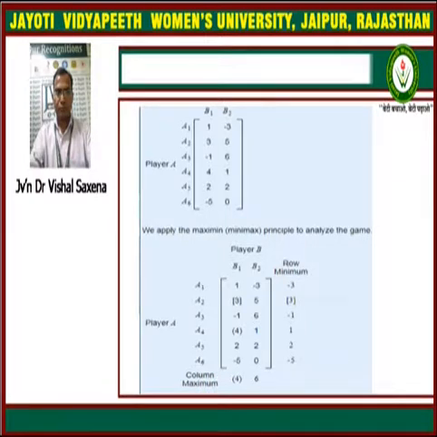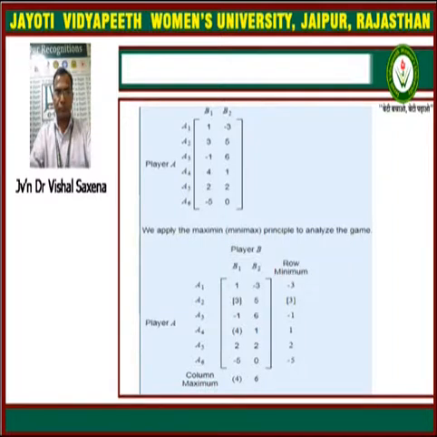The maximin value is the maximum among the row minimum values, which is 3, and the minimax value is the minimum of the column maximum values, which is 4.